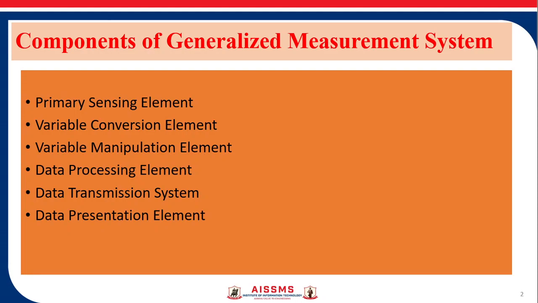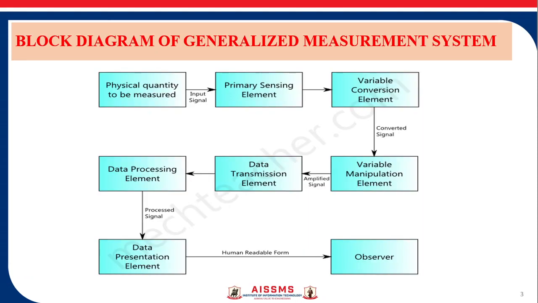These are the important blocks of any measurement system. Now, how those blocks are being arranged in a measurement system, that we will see in the block diagram. This is the block diagram of generalized measurement system. First block is the physical quantity to be measured, that is called the measurand, or the substance which is under measurement.